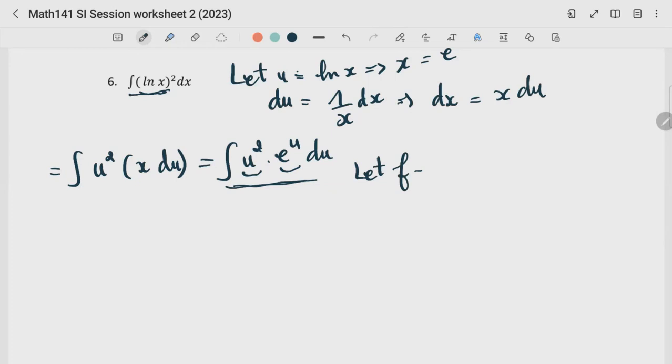So if we use integration by parts, and in this case, let's just use f and dg, right? So there's no confusion with the u that's already there. If we use integration by parts at this point, what do you think we should use f to be, and what should dg be?